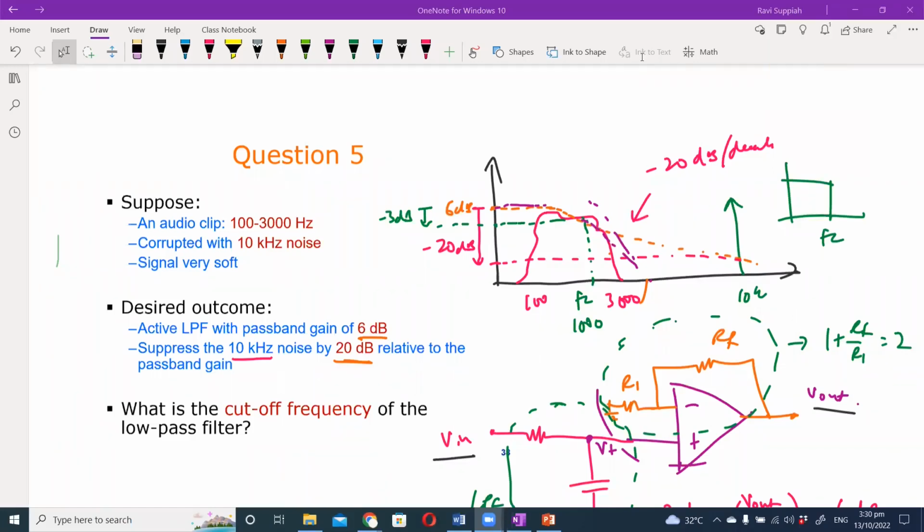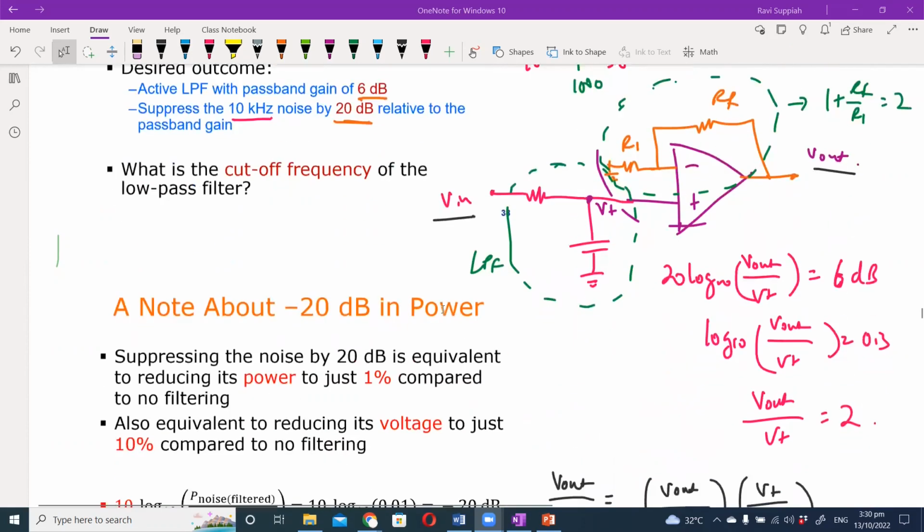When they say we need to design an active filter with a passband gain of 6 dB, is that 6 dB with V plus relative to V out? I thought we had to use V in relative to V out.